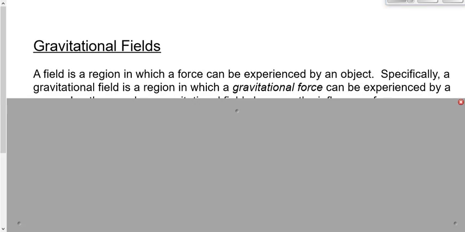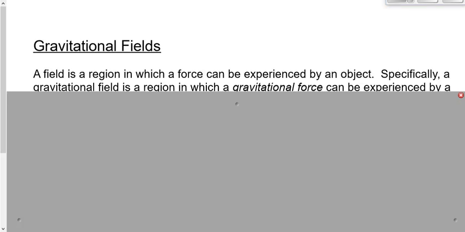The way we're going to describe gravity in the presence or absence of the board marker experiencing gravity is by talking about gravitational fields. We're going to say a gravitational field is a region in which a gravitational force can be experienced. I'm going to underline that. Doesn't mean that it is being experienced. It can be experienced by an object.